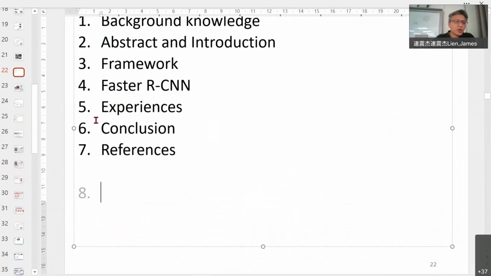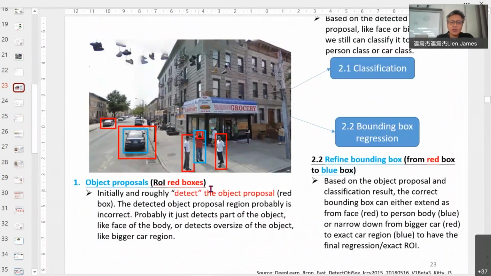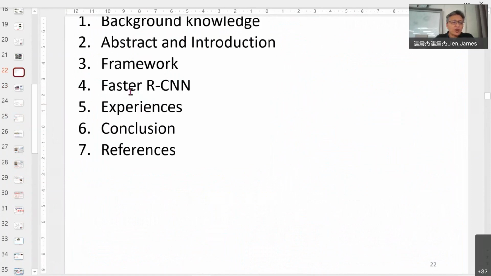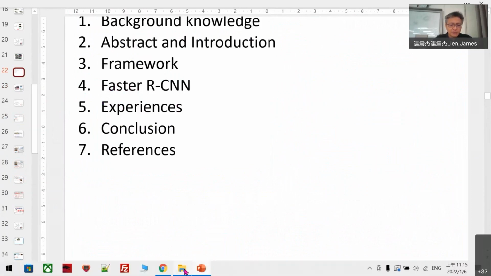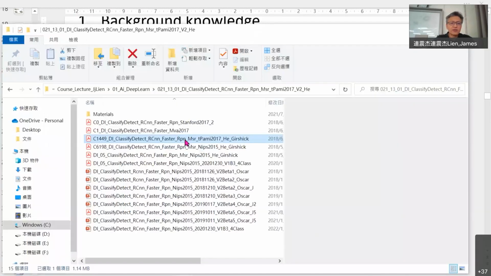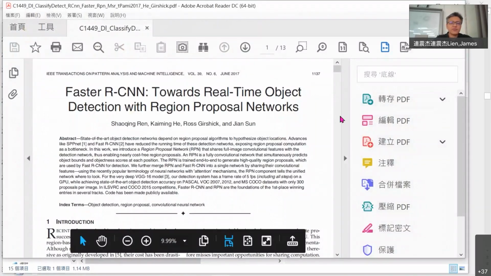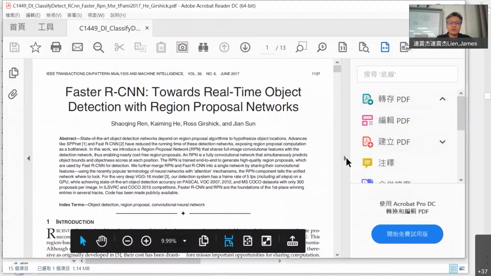Okay, so we try to finish it. From page 22, we talk about the details of FASTER RCNN and the paper. That is the original paper.